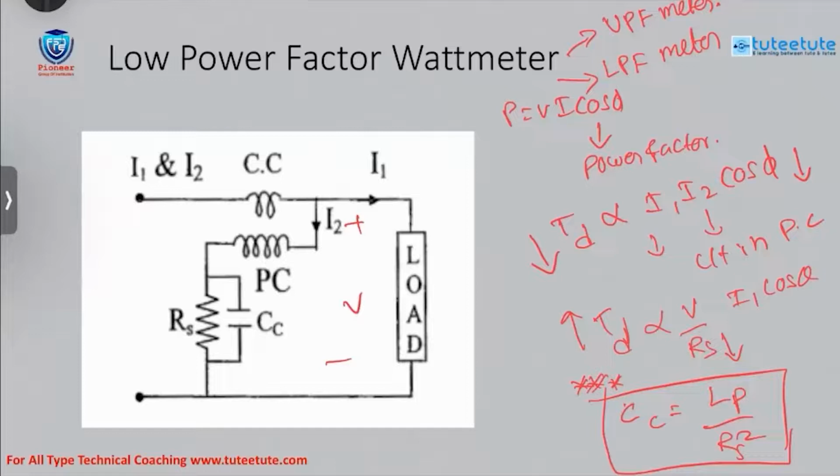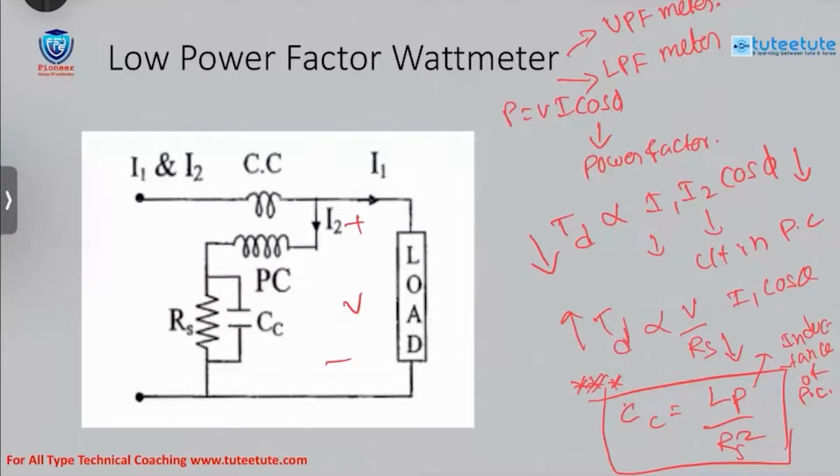In a low power factor meter, what is the CC? CC is equal to LP by RS square, where LP is the inductance of the pressure coil. Why is an LPF meter separately designed? If you measure a low power factor, the deflection torque will be very less, so we can't use a normal wattmeter for low power factor conditions.